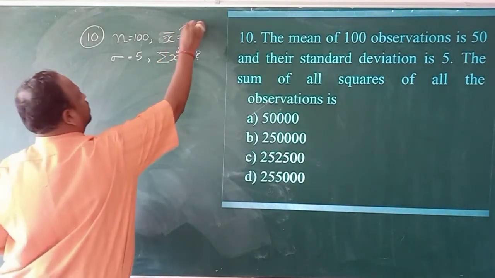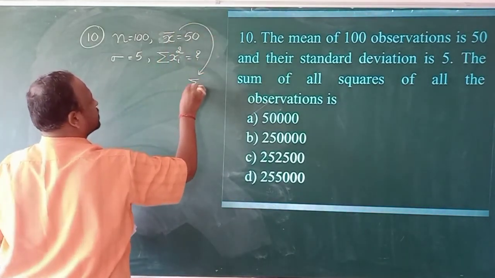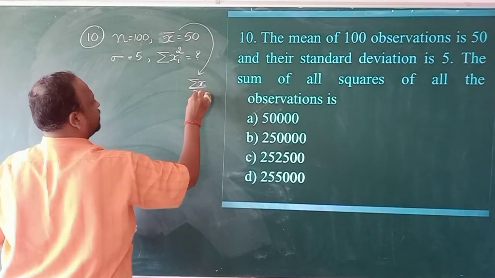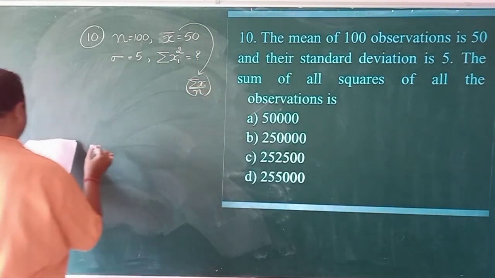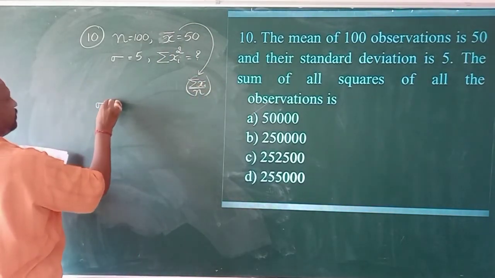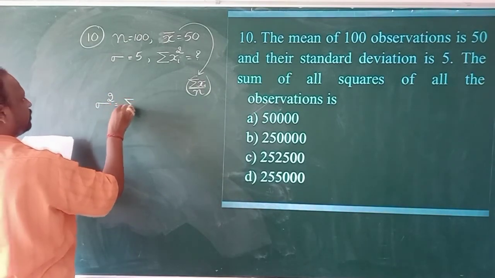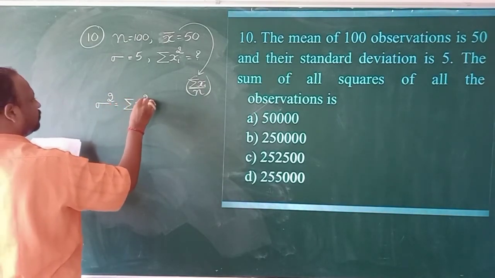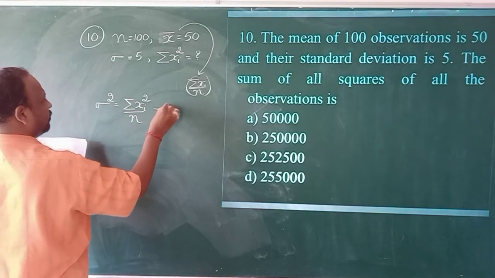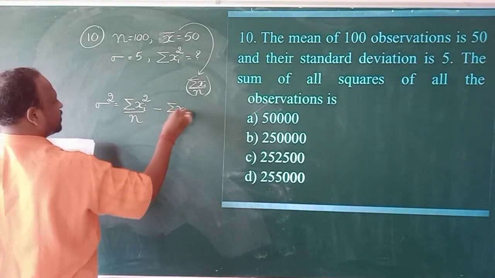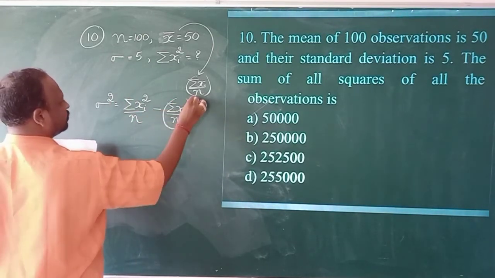So here x bar is nothing but sigma xi by n. The formula for sigma square I will write down: sigma xi square by n minus sigma xi by n whole square.